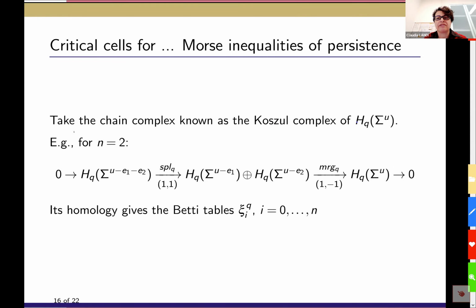In this case, U is fixed, and we take the chain complex known as the Koszul complex of the homology of the sublevel set under U. And in the case when we have only two parameters, this means that we take U minus E1, U minus E2, and U minus E1 minus E2.